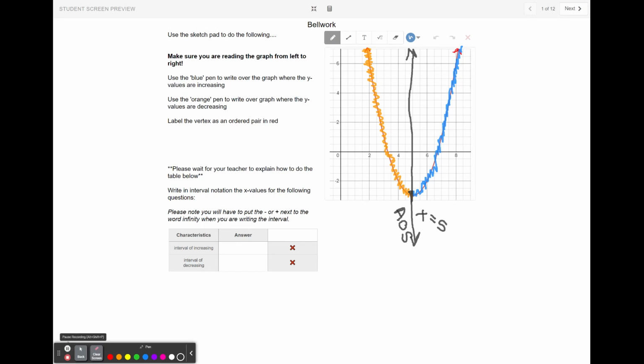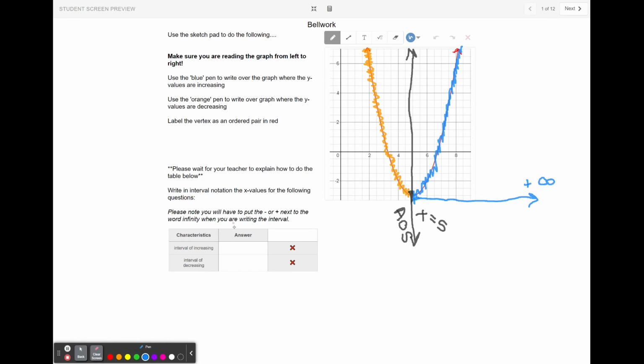So since it changes directions at x equals 5 and we want to know where it increases, we're going to start where x is 5, and we are traveling to the right. And remember, the graph goes on forever and ever, so traveling to the right is towards positive infinity.